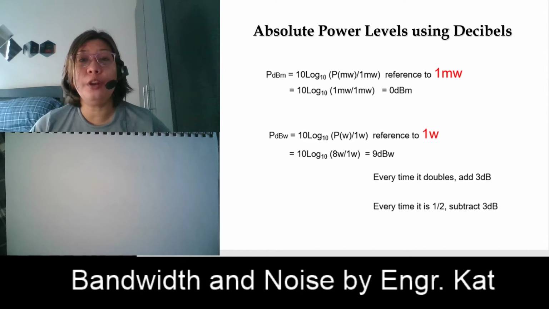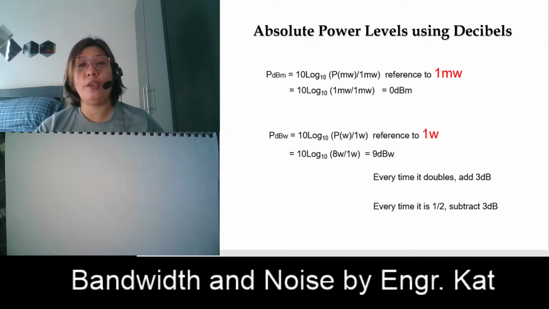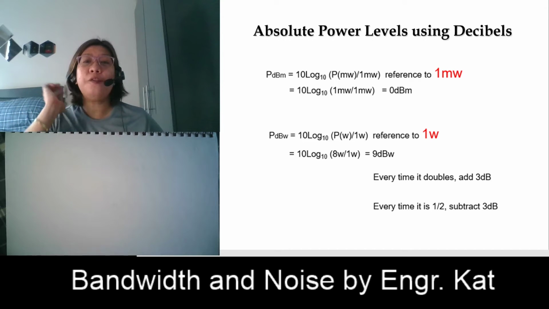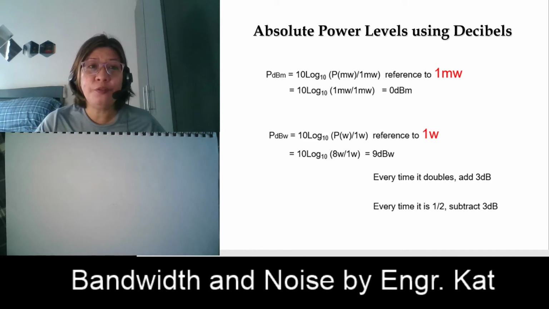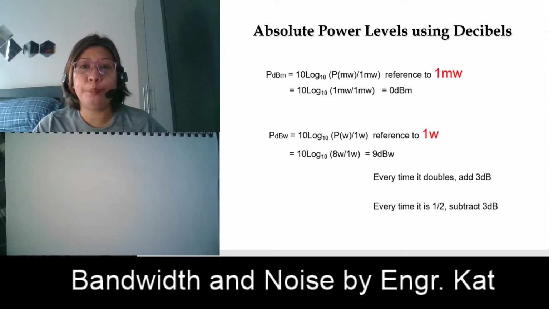If our reference is 1 watt, so we have here 10 divided by 1 watt, that will give you 9 dB watts. Always remember that every time it doubles, you just have to add plus 3 dB, or every time it is halved, you have to subtract 3 dB. So that is for absolute power.